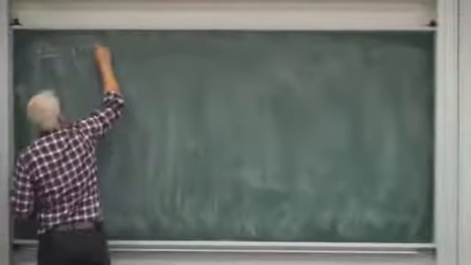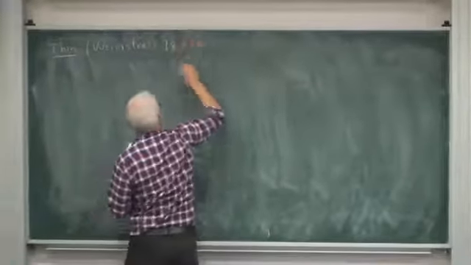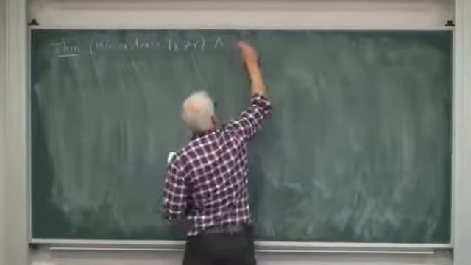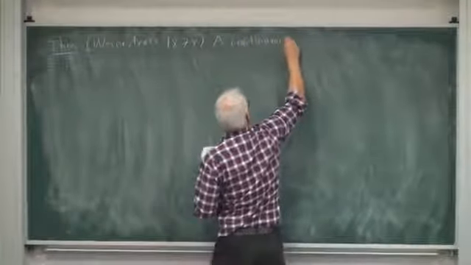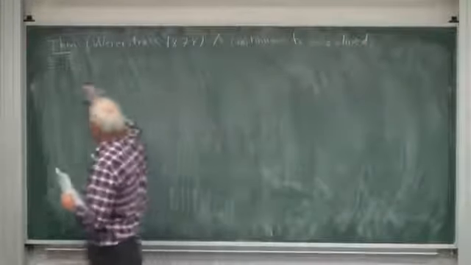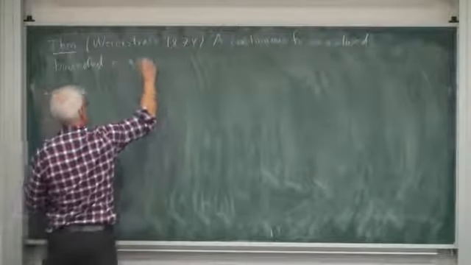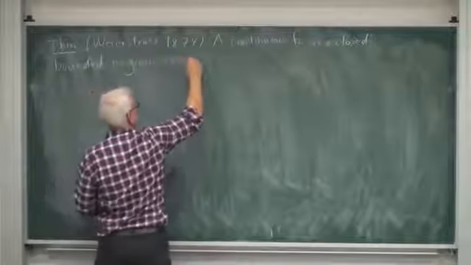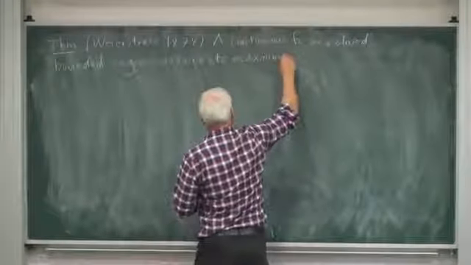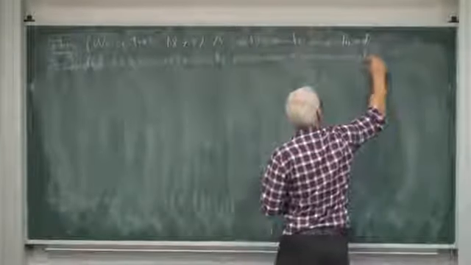So there's a theorem of Weierstrass in 1874, which is also pretty well known to undergraduates, that a continuous function on a closed bounded region assumes its maximum and minimum values.